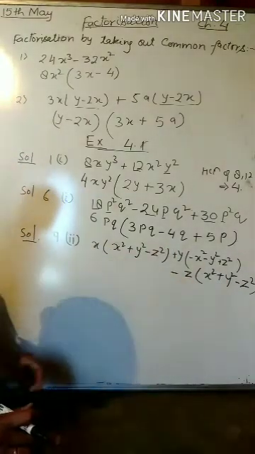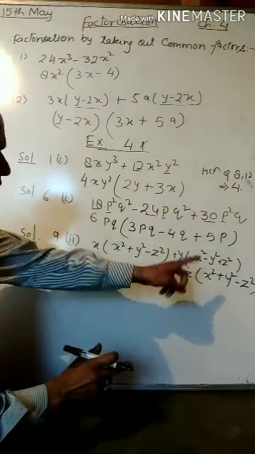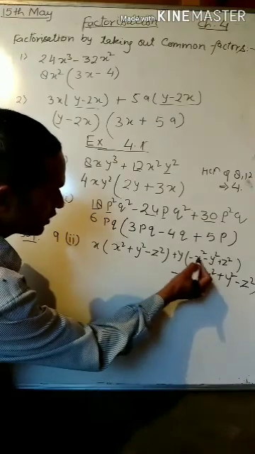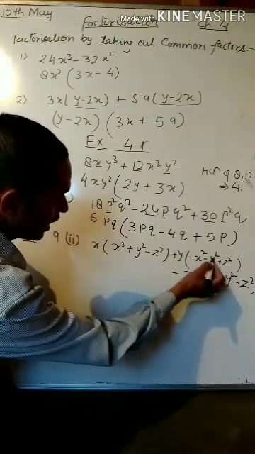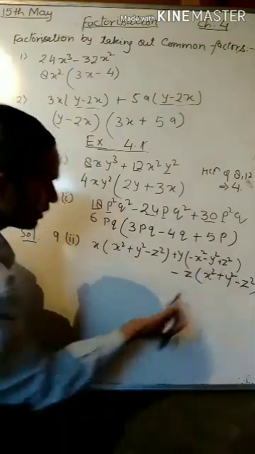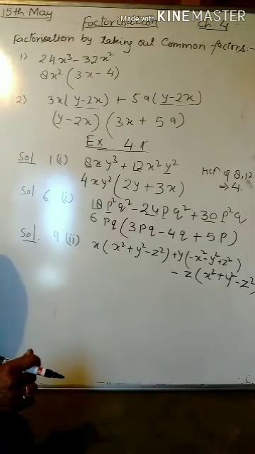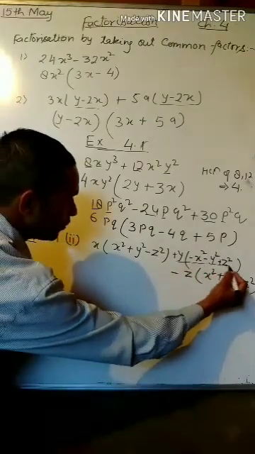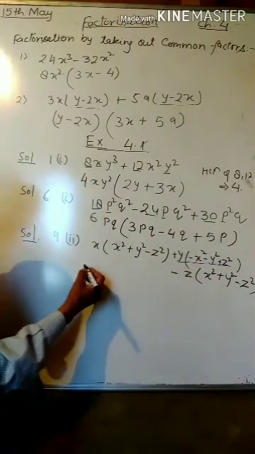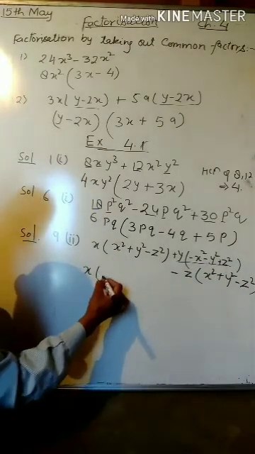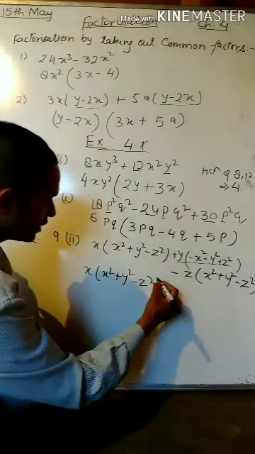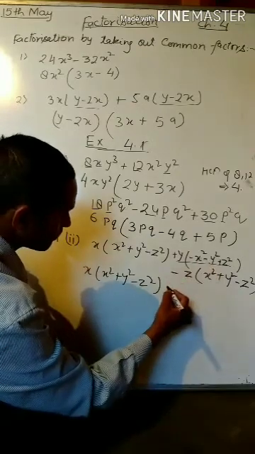But in the second term, minus x square minus y square plus z square, the signs are different. If you take out a common minus from the second term, the signs will change.